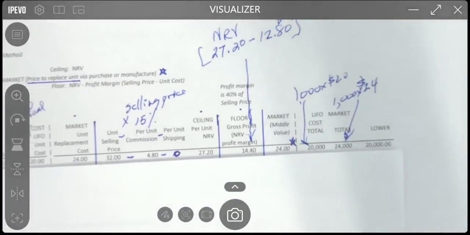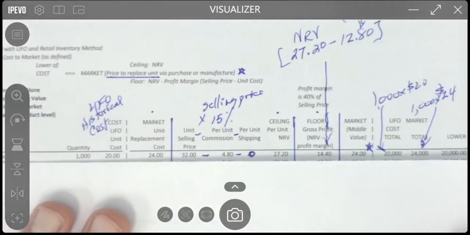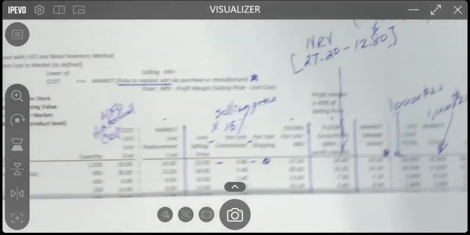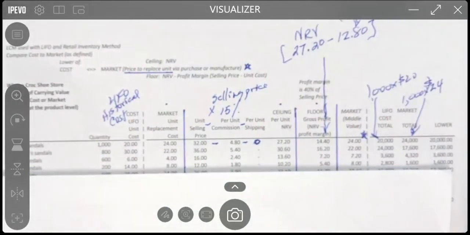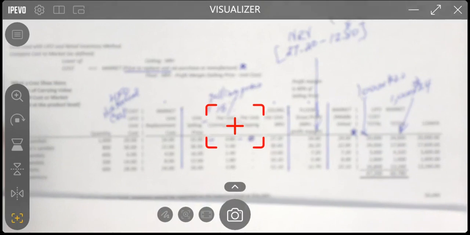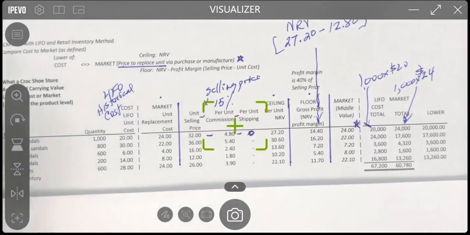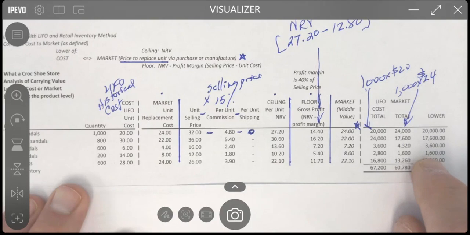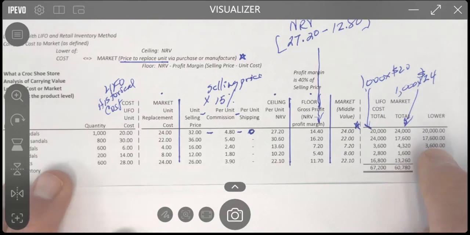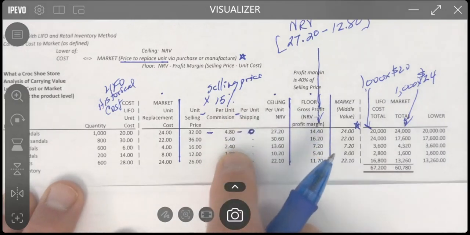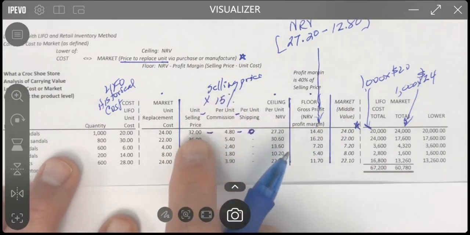Okay, now let's raise that a little bit so you can see the schedule. And there is the calculation for all the other products. Remember, we're doing it on a per unit basis. So the calculations are the same. Make sure you write yourself some notes. But I use the same mathematics.